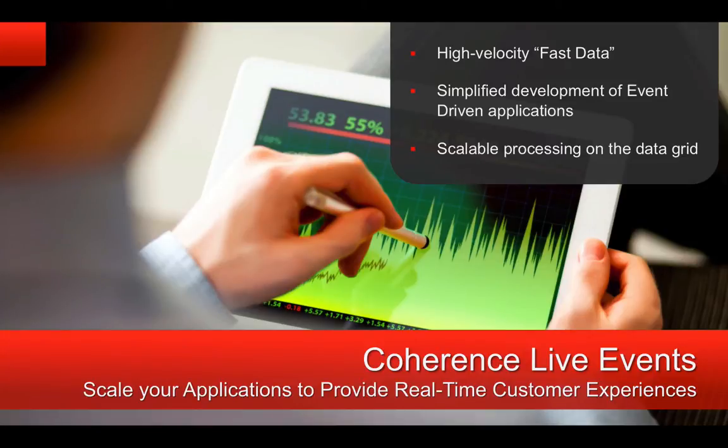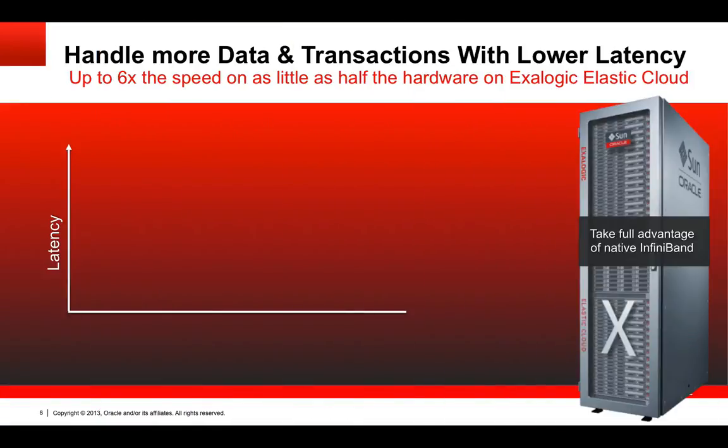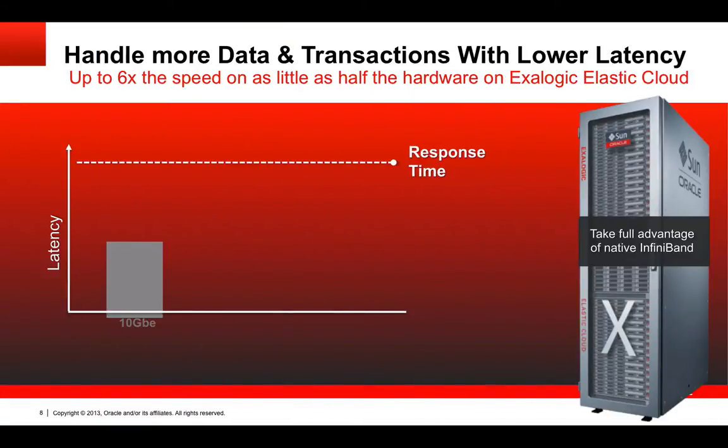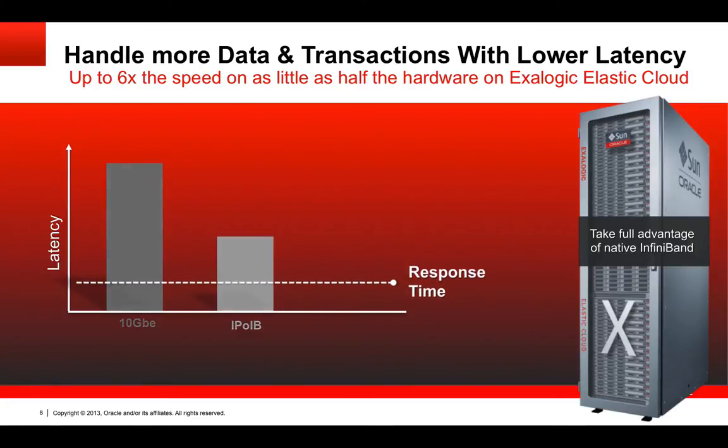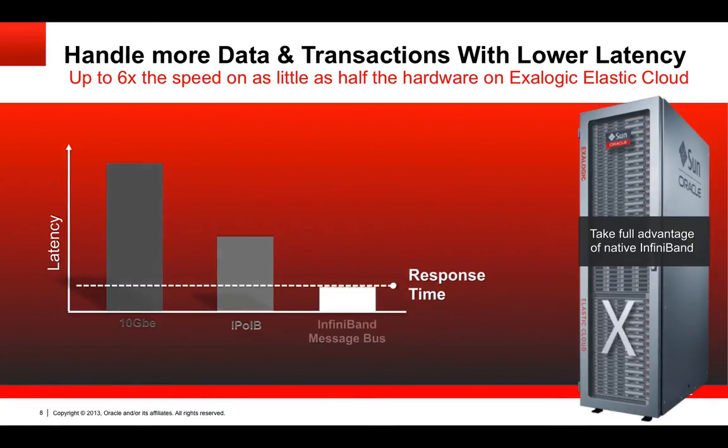The second thing I'd like to talk about is our Exalogic Elastic Cloud. Exalogic is an engineered system purpose-built for Oracle middleware, for Fusion middleware. And in the Coherence case, what it does is help you drive down response times very low through a native InfiniBand integration.